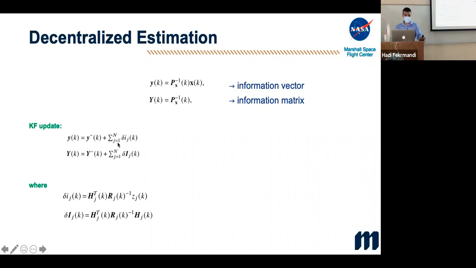You see j equals 1 to capital N, where capital N shows the number of nodes that each agent is communicating with. And that's as easy as just adding this information. Compared to the Kalman filter, there's no need to calculate multiple matrices, so it makes communication very easy.